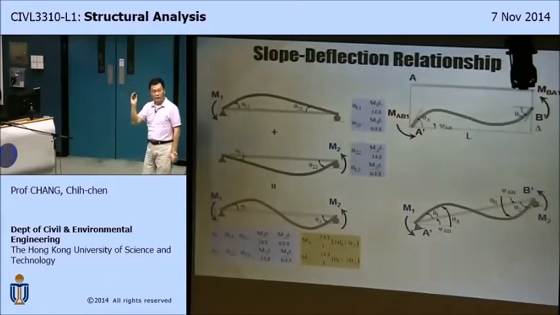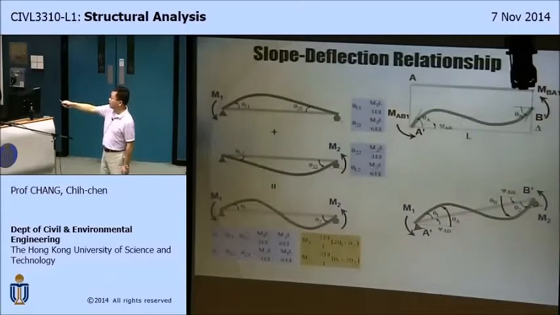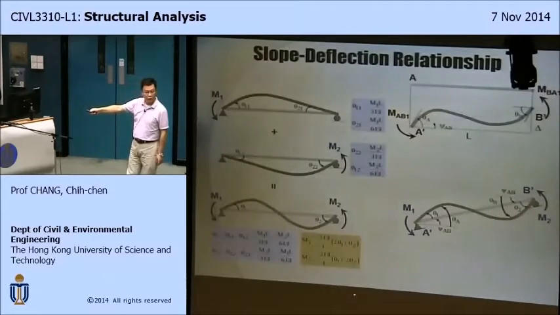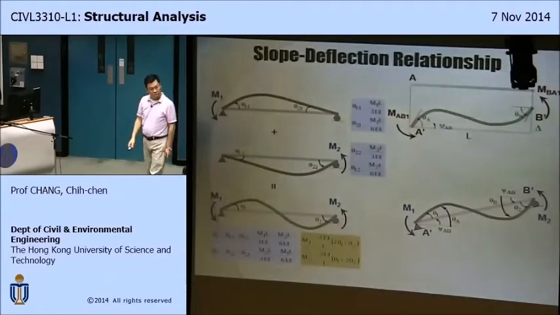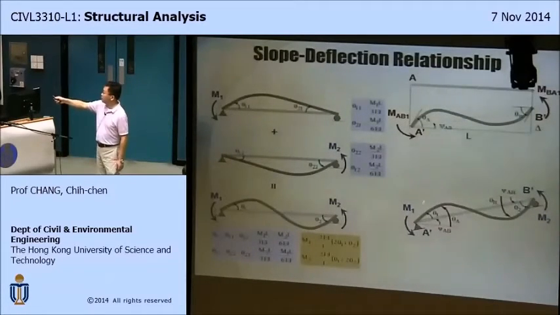When you do rigid body rotations, it doesn't change anything, so you can still use the 2 equations. All I'm doing in these 2 cases is tilting this point up by a rigid body rotation angle of psi AB. And that's it. It doesn't change anything, except you need to redefine all the parameters.